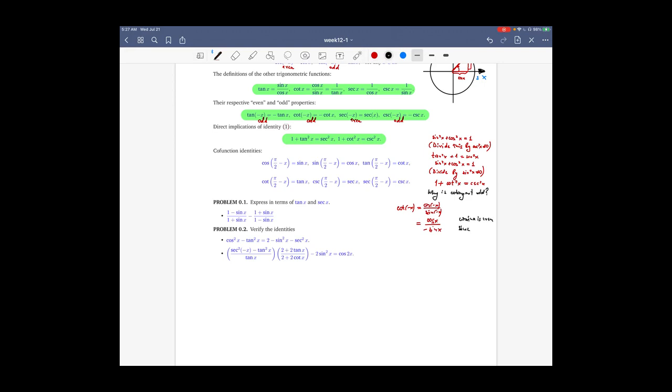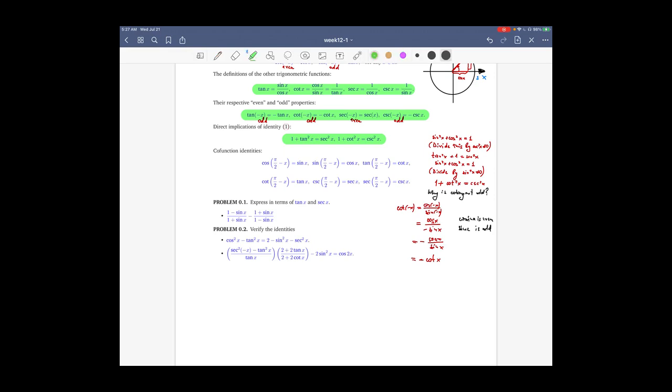And in this fraction, we get negative cosine over sine, which is, of course, negative cotangent x. So cotangent is indeed odd.